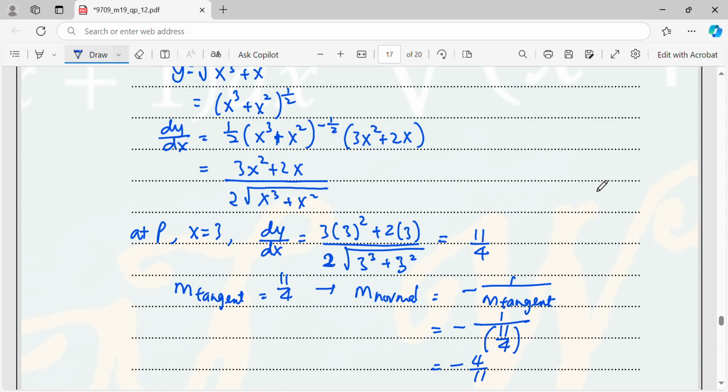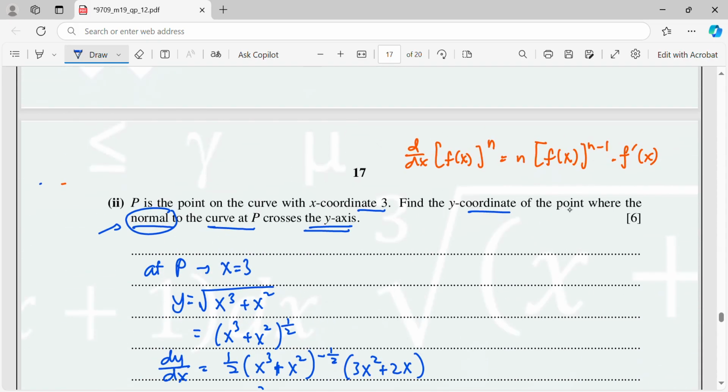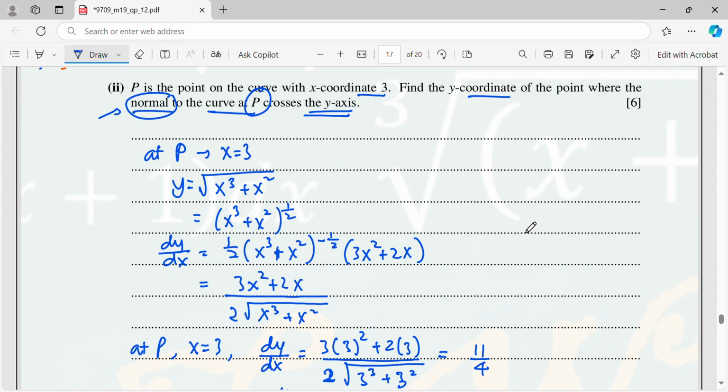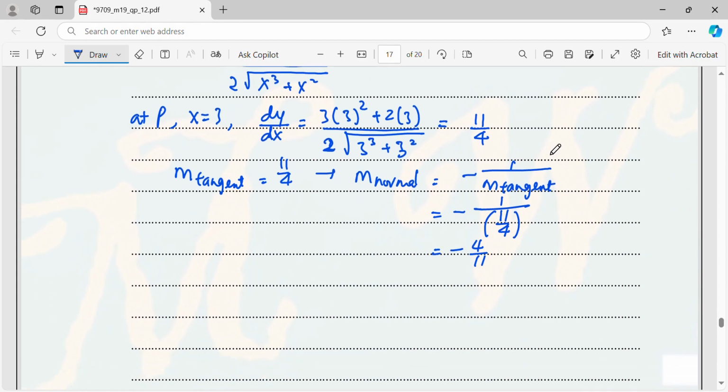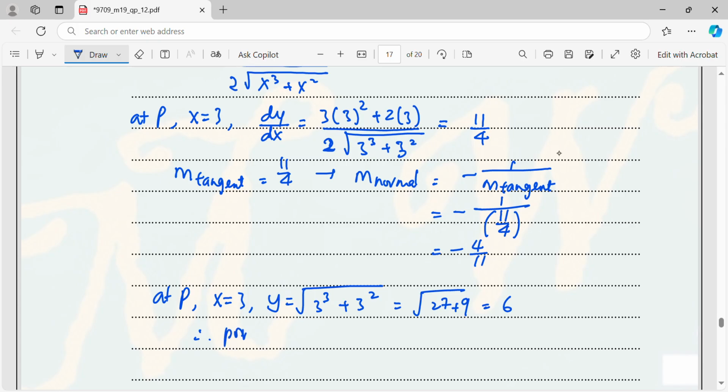Now, I need to form the straight line. Okay, so when we need to form the straight line, we need to know the coordinates of the point P. And remember, the point P is on the curve. That means now at P, x equals 3, the y-coordinate will be square root of x cubed plus x squared. So this is going to be square root of 27 plus 9. That is 36. Square root of 36, you get 6. So I know that the point P has coordinates (3, 6).